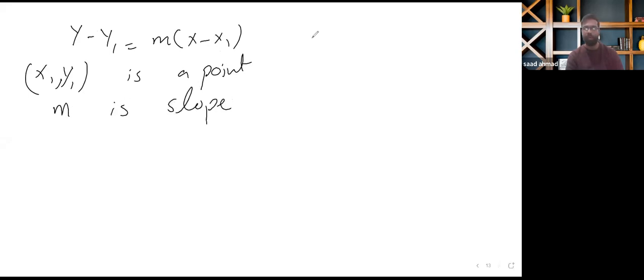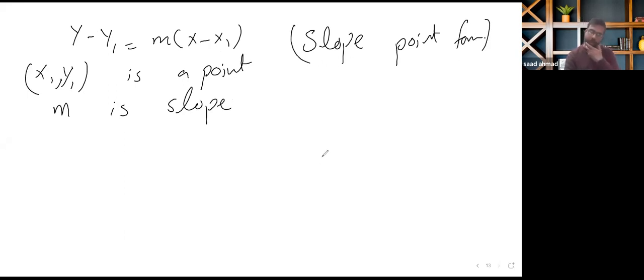This one is called the slope point form for the equation of a line. It has a slope, it has a point. We need 2 things, a slope and a point, to find the equation for this line.